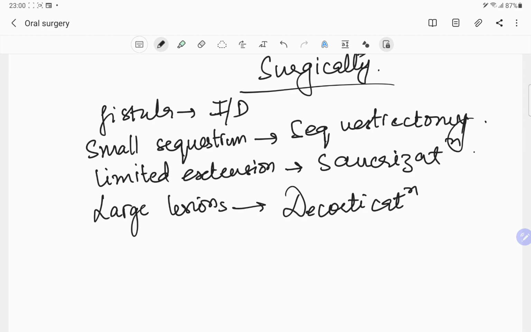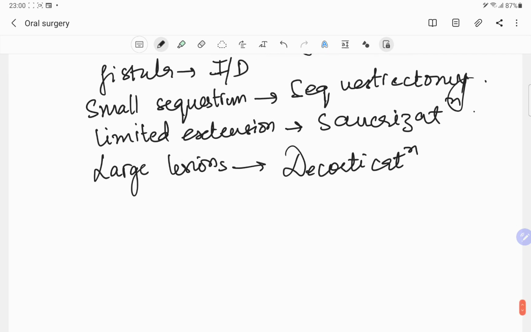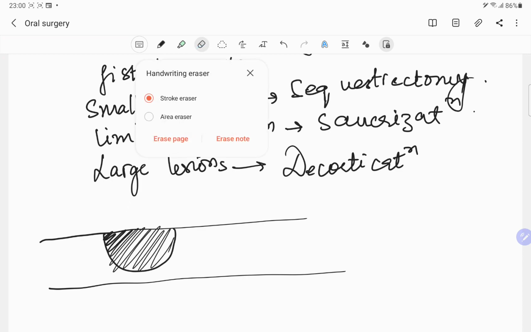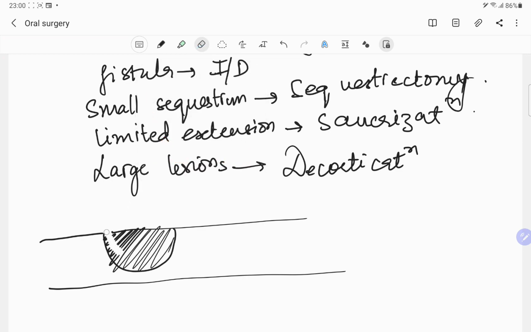Along with that, suppose I am removing a large chunk of bone, and this much part of the bone is necrosed. Now what happens if I remove this particular part of the bone? Suppose I've done decortication and removed this much of the bone.